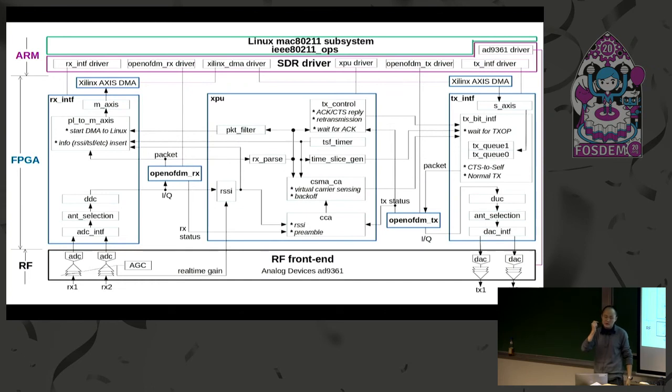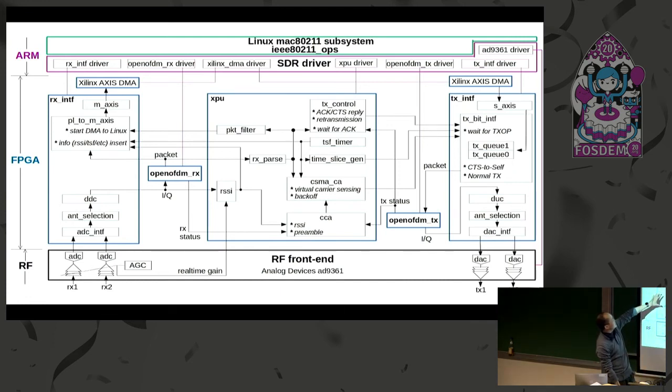Way more things than just physical layer signal processing. The physical layer is over here: Open OFDM RX, Open OFDM TX. These two physical layer blocks take IQ samples or packets, then generate packets or IQ samples. Then huge things are outside of the physical layer.